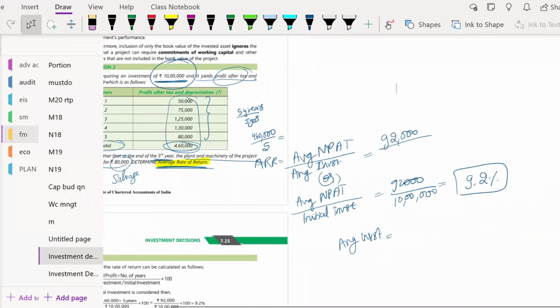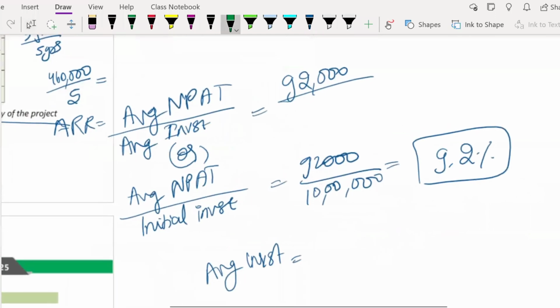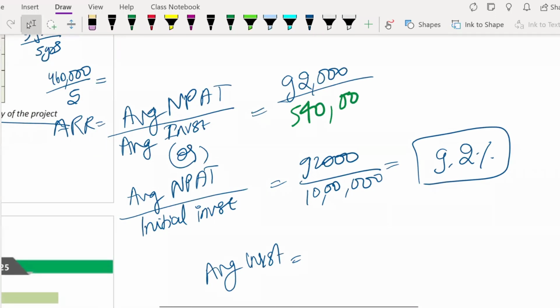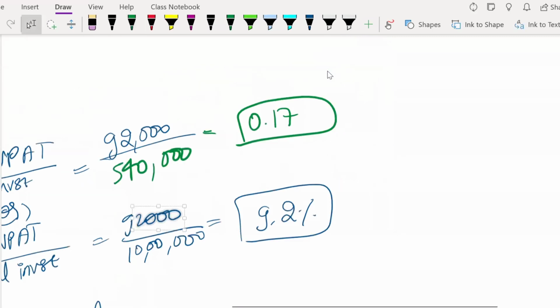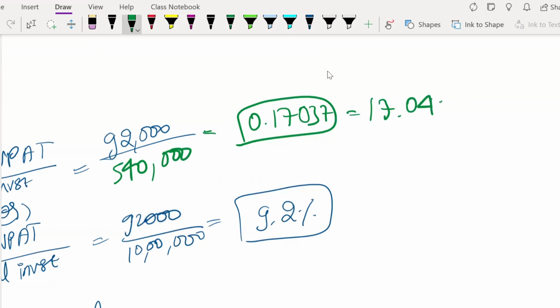Again, let's go here. So it will be how much? 5,40,000. So what will be the percentage here? 92,000 divided by 5,40,000. Please mute yourself. So it will be 0.17037 something. So it is nothing but 17.04%.